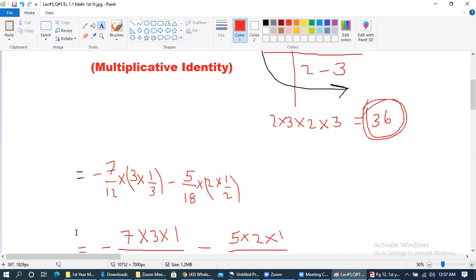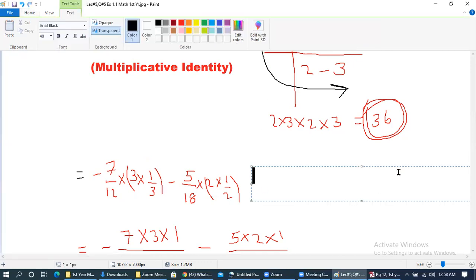In the next step, you have seen here that this is not the multiplicative identity now. It is the multiplicative inverse, because 3 has been multiplied by its own multiplicative inverse. So this is the property of the multiplicative inverse. So we are going to use the property of multiplicative inverse here. Therefore, you have to write multiplicative inverse.